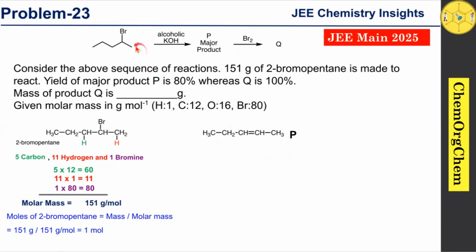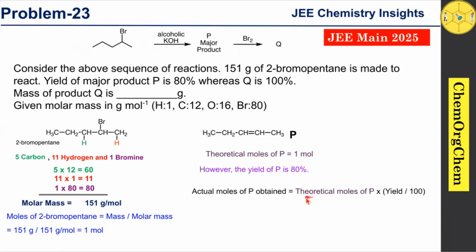Just imagine here. Theoretically, 1 mole of 2-bromopentane reacted in this reaction would give 1 mole of product B. However, here the major product B is given as 80% yield. So in order to calculate the actual moles of P produced, it equals theoretical moles of P multiplied by yield divided by 100.